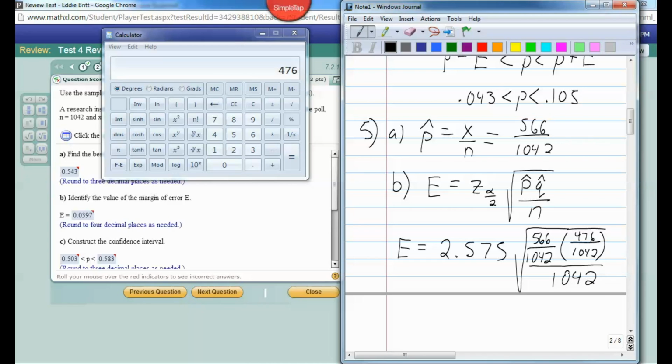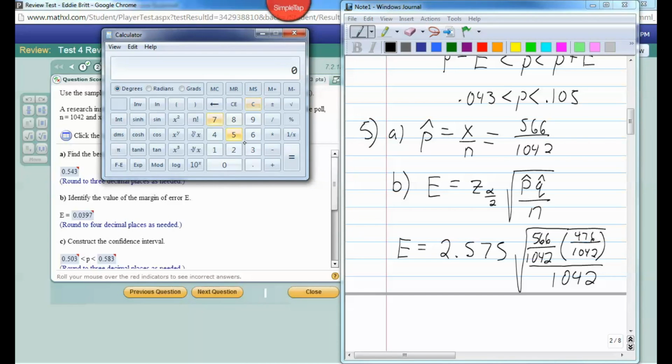So the way I would do this, actually, I would put this in parentheses. Notice how the Windows calculator shows the parentheses up here. It will tell you so you can see what you have and if that's the way you are trying to do your calculation.